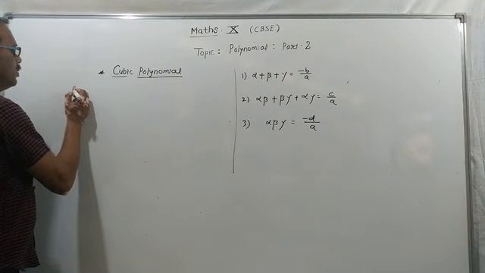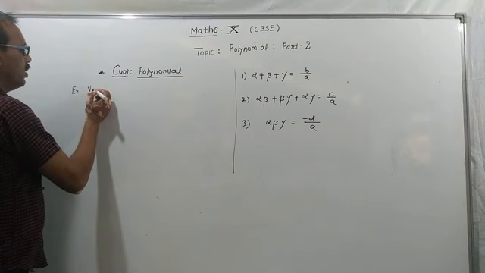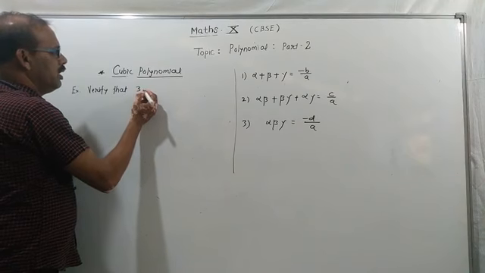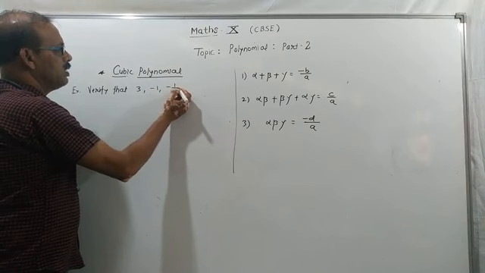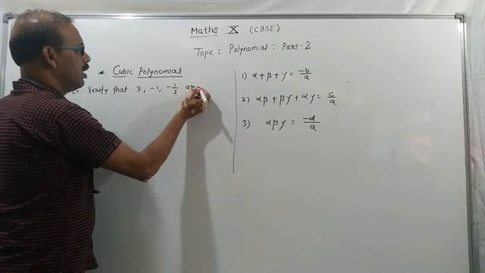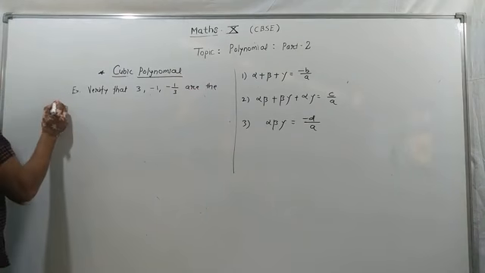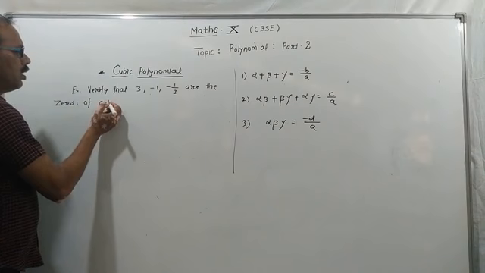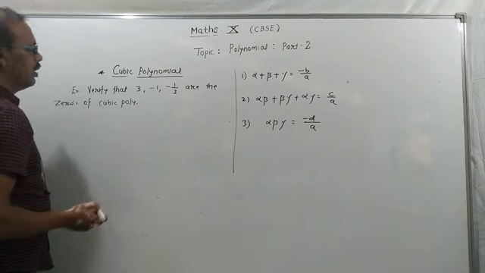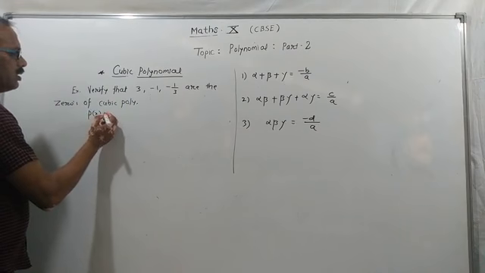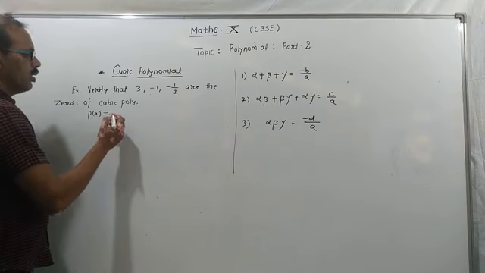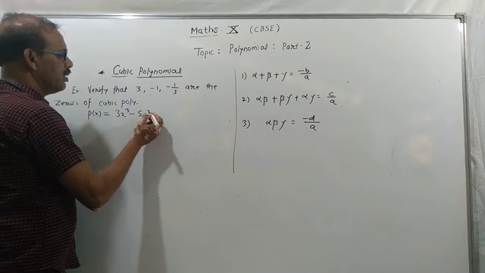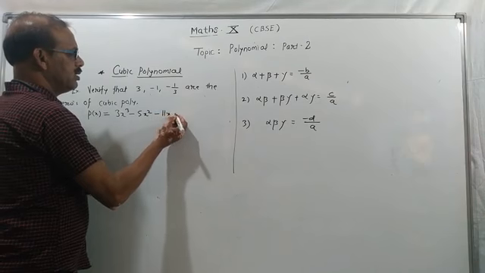Example: verify that 3, minus 1, minus 1 by 3 are the zeros of cubic polynomial represented by p of x equal to 3x cube minus 5x square minus 11x minus 3.